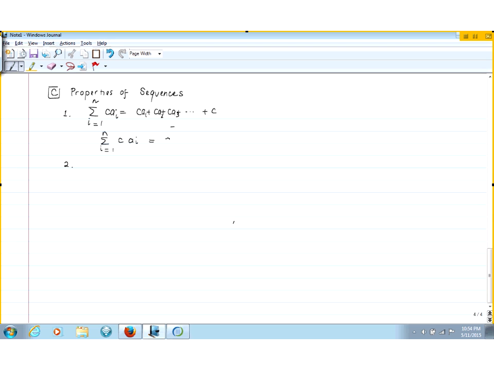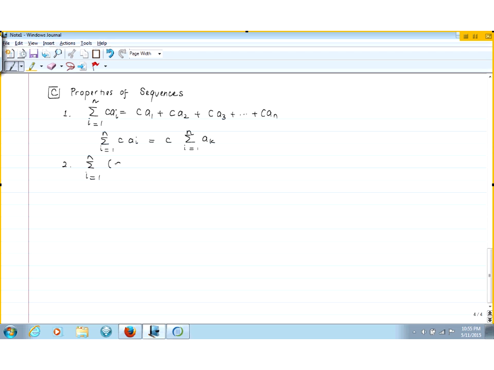So sigma I goes from 1 through N of CAI is equal to C times sigma I goes from 1 through N of AI. C is a constant, so we can take the constant out of the sigma summation notation. Let me write this again: C times A1 plus C times A2 plus C times A3 plus up to C times AN. So we can factor out the C. That's the first one.